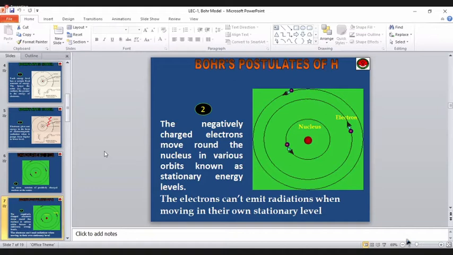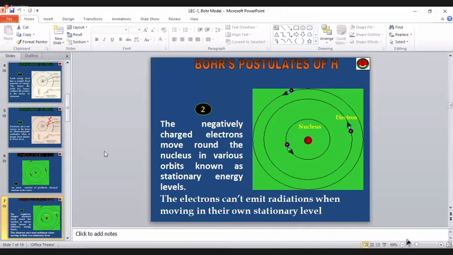Then second postulate is that the negatively charged electron. Now we have to know that the electrons are negatively charged. We already know that before the Bohr atom model. The negatively charged electrons move around the nucleus in various orbits. Okay, so negatively charged electrons move around the nucleus in various orbits known as stationary energy level. এগুলোকে কি বলা হয়?